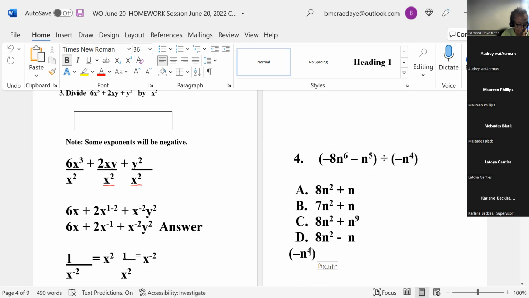Now, Maureen, I want to multiply this by a factor, and you tell me what the factor is. I want to get back the first one, that minus 8n to the 6. I want to get this. I'm taking it term by term.